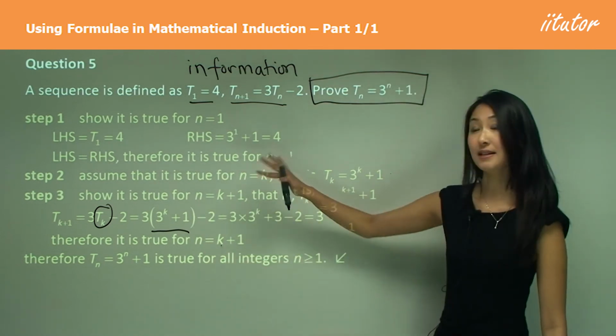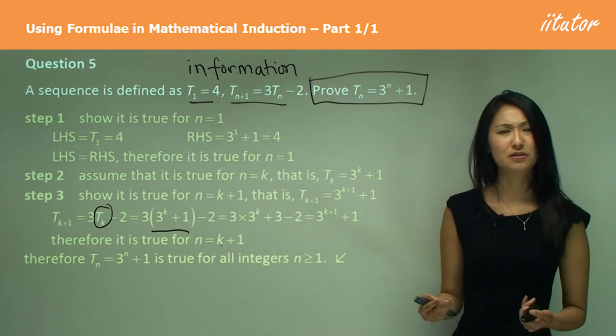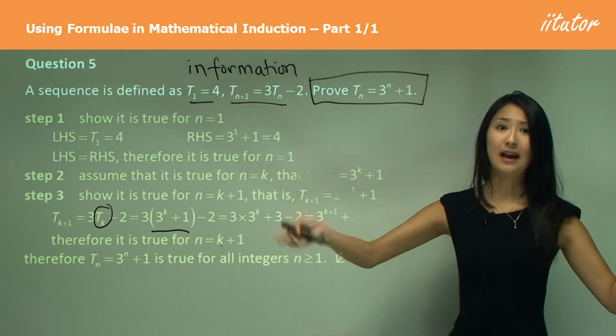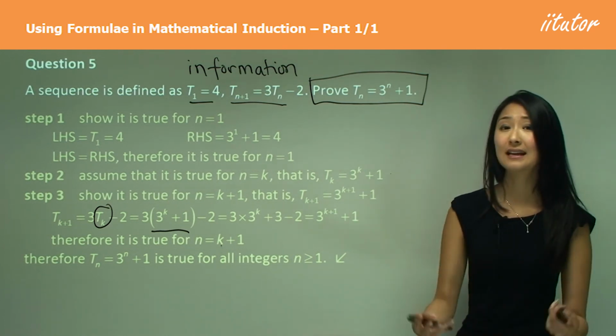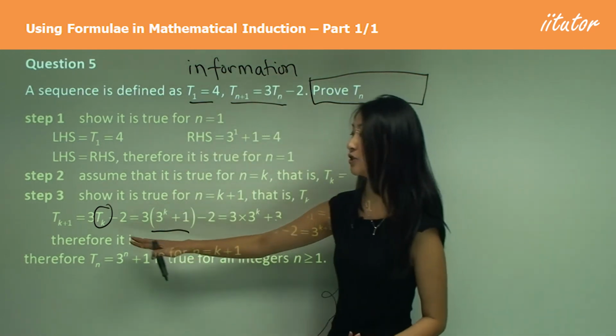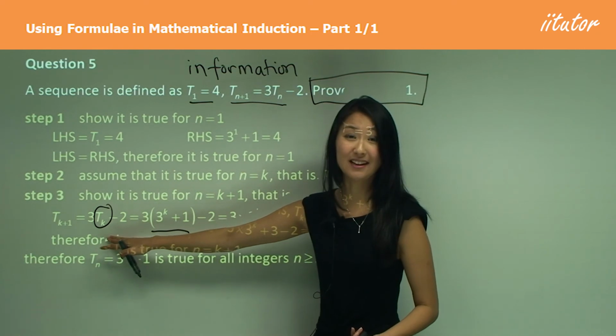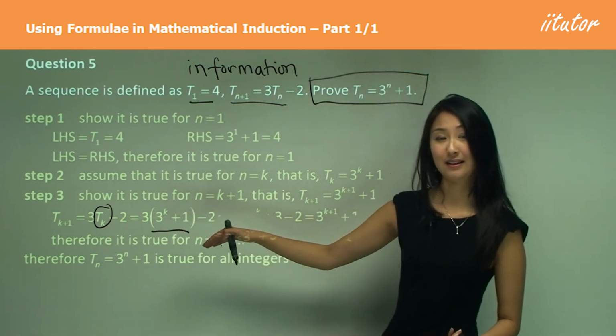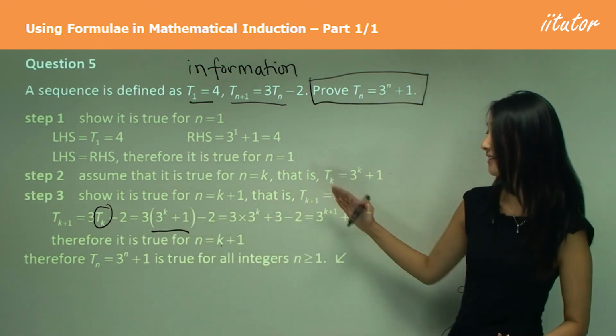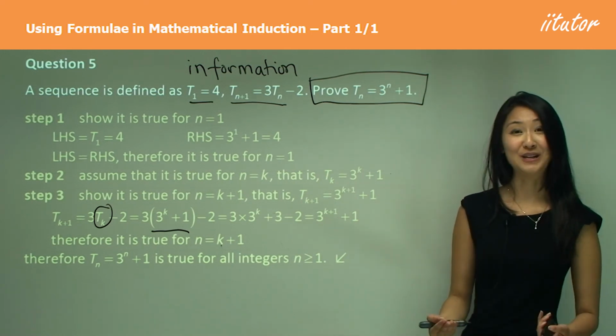And now we use the assumption. So usually what we're used to doing is having the equation there and using the assumption. Whereas here we have to use the information to make our equation first essentially, and then we substitute in the assumption. And then the rest is just similar to what you've been doing before.